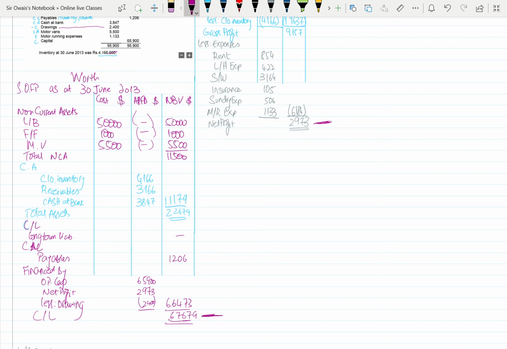I've just rectified a calculation mistake which I had made earlier in the non-current asset part, so I'm just changing it. The total is 50,000 plus 1,000 plus 5,500. The answer is 56500.